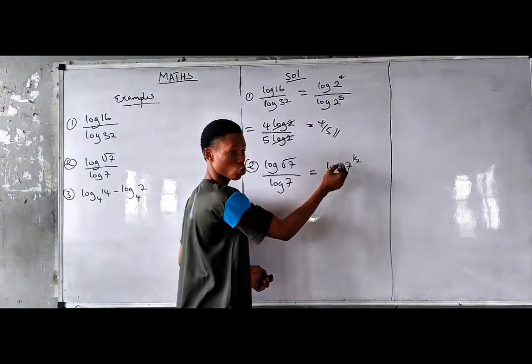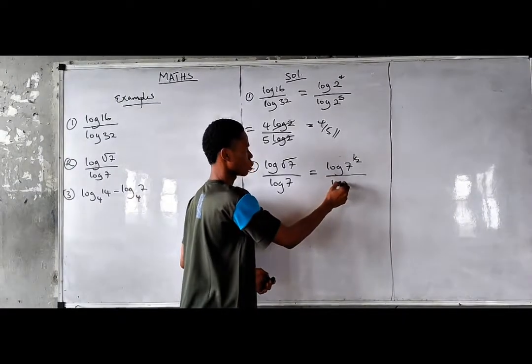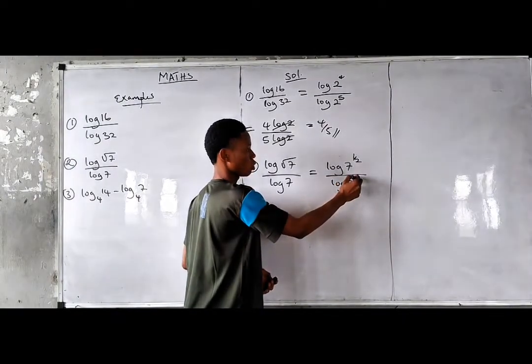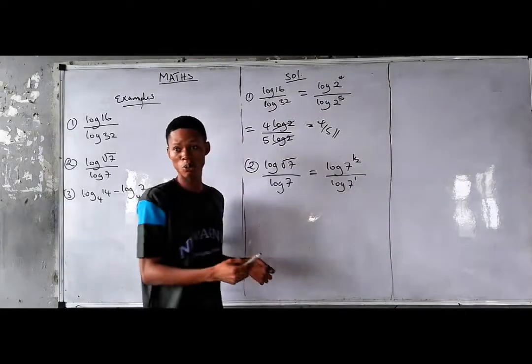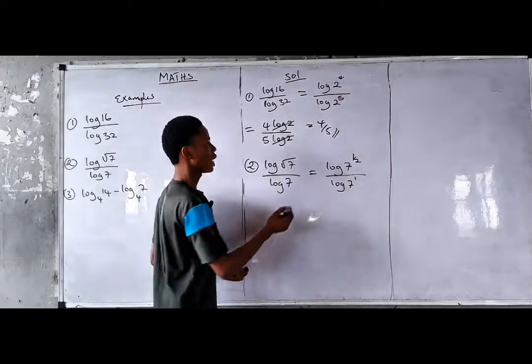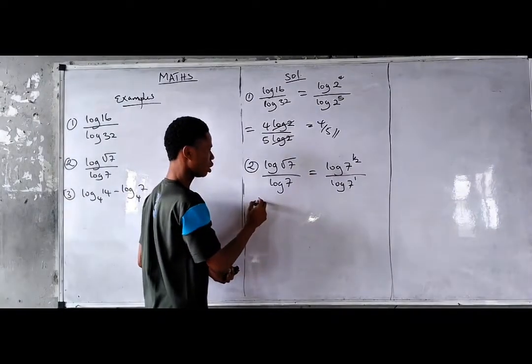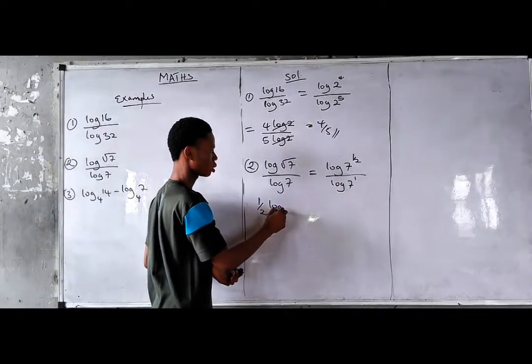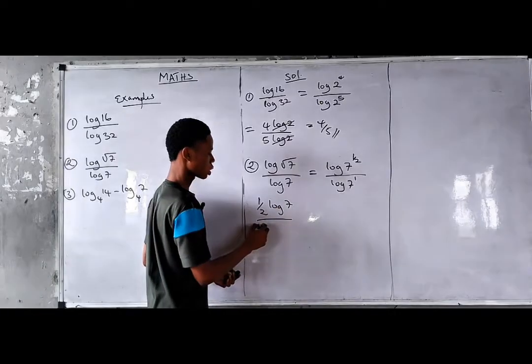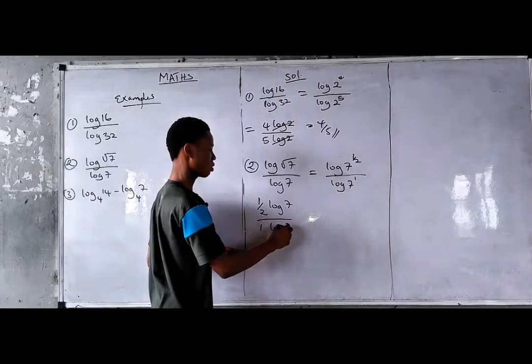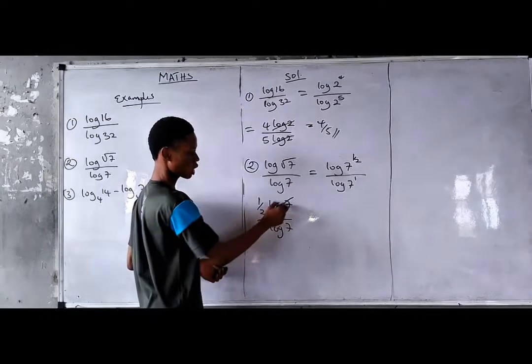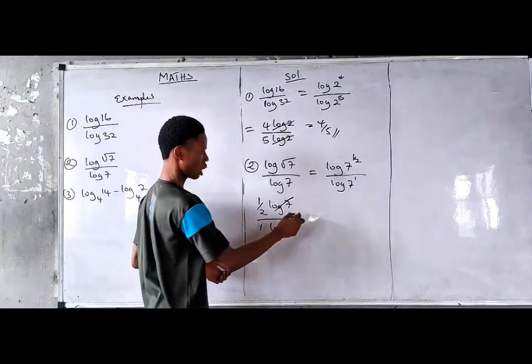All over log 7 raised to power 1, which is the same thing as 7. Now, what do we do? We bring the powers to the side, right? So we'll be having half log 7 all over 1 log 7, just log 7. Is it not? Log 7 can cancel out log 7, right? And we are left with what?